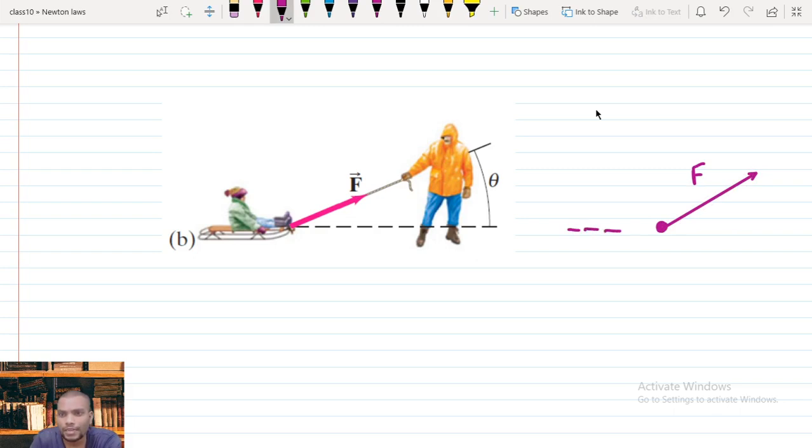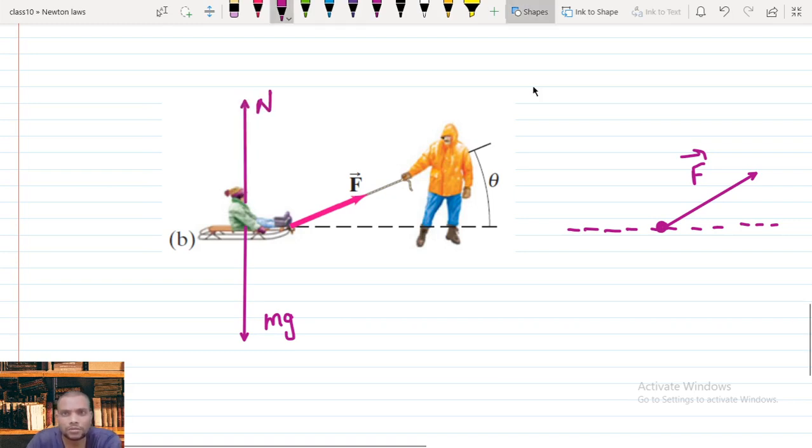Otherwise, if you want, you can take the help of a reference line. So this is the applied force. And apart from that, two common forces: one is the weight, which acts in the downward direction, mg, and one is the upward force, the normal reaction force. So N is the normal reaction force.